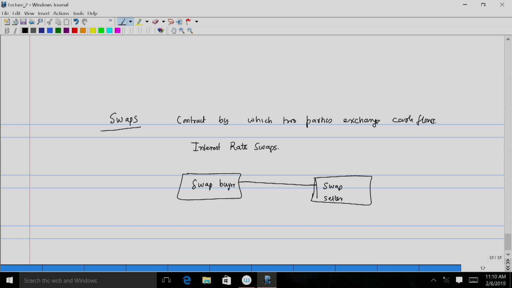So, the swap buyer will pay the swap seller a fixed payment, and the swap seller will give the swap buyer the variable payment.